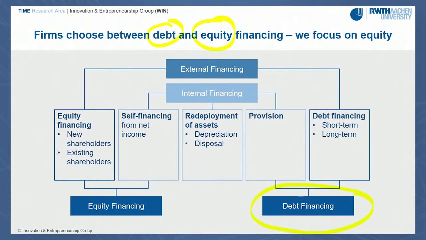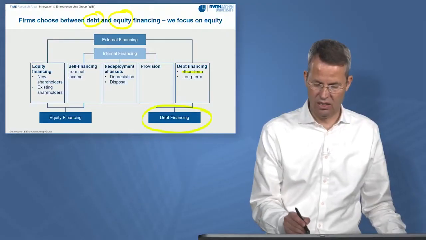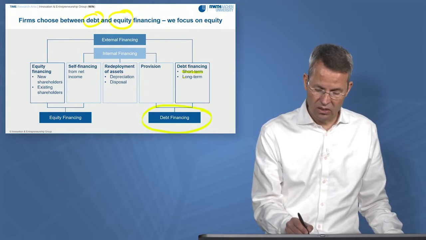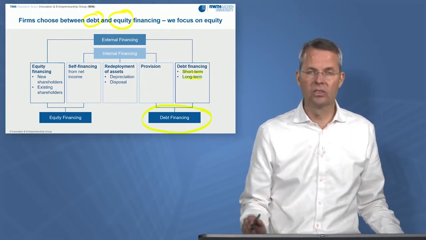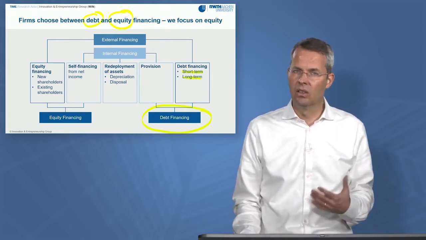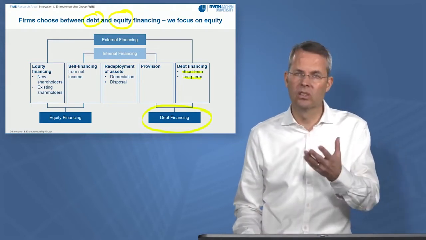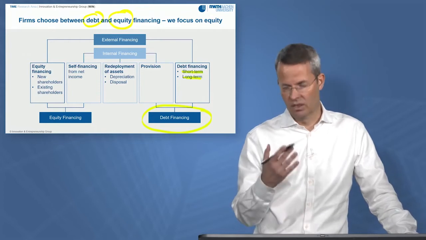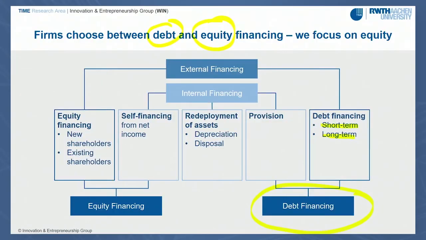You can have short-term debt, short-term credits, for example the credit line on your bank account. And you can also try to obtain long-term credits. You go to a bank, and a mortgage for your home is a typical long-term debt financing.